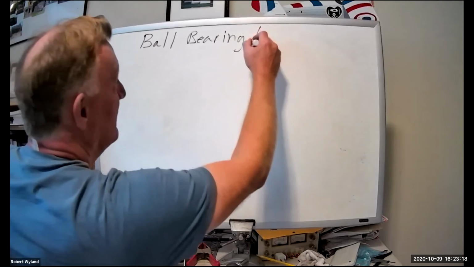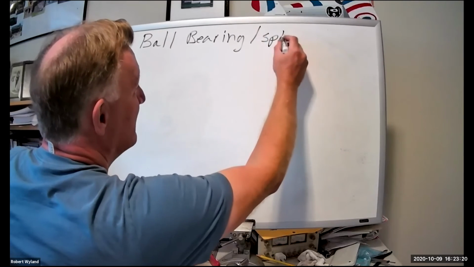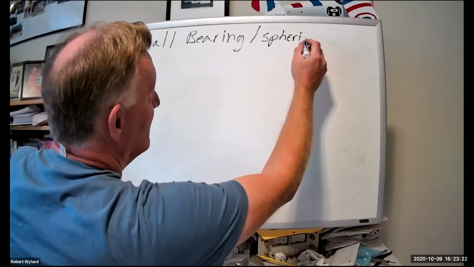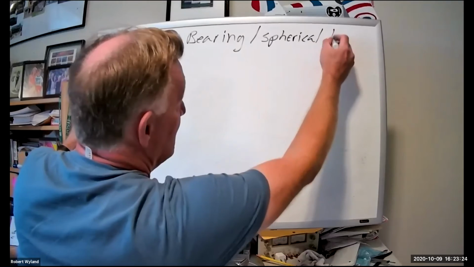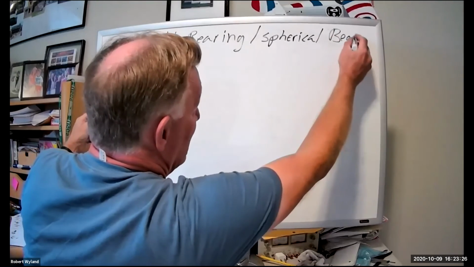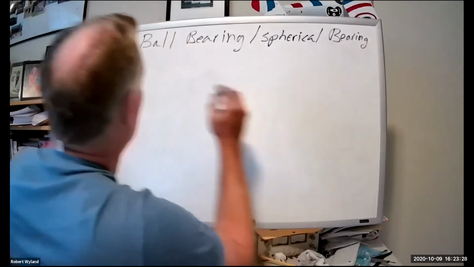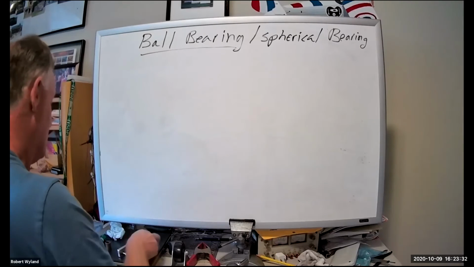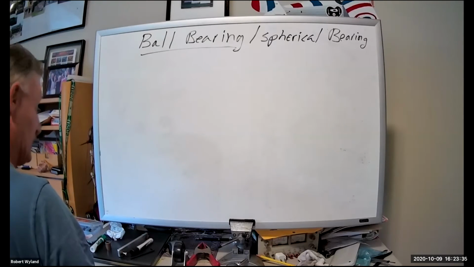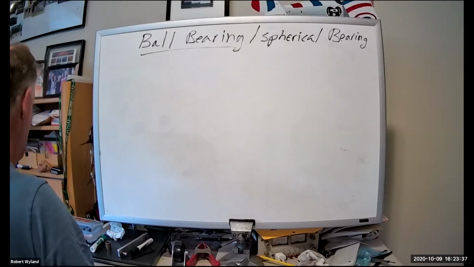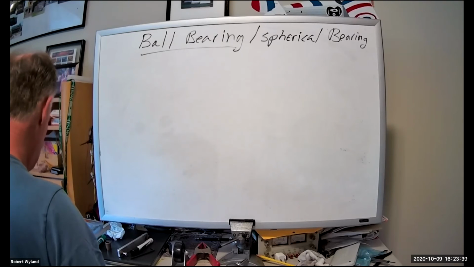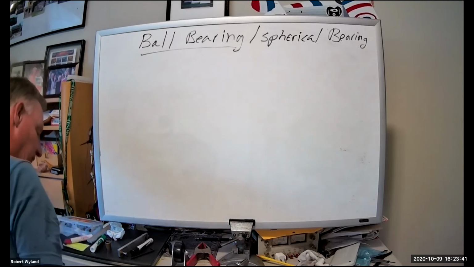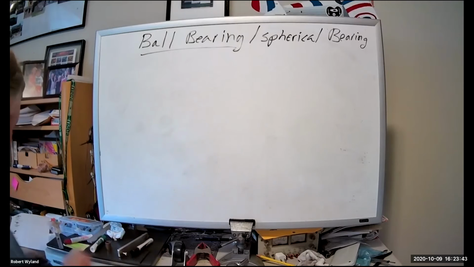I like to call it a spherical bearing, and I'll explain in a second why. You need to be aware, a lot of times when they say this is what they mean. You should double check, especially if you get it on an exam. Ask them, well, exactly what do you mean by that? And let me explain. I've got tiny little ones here, so bear with me.